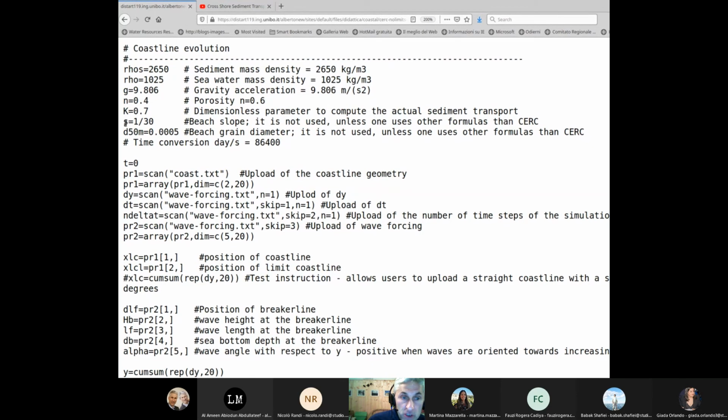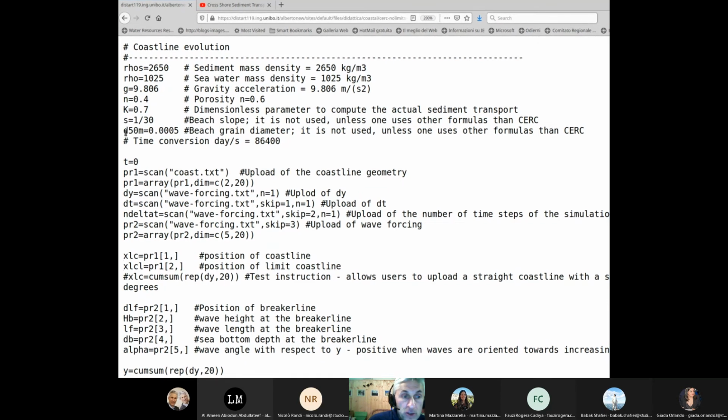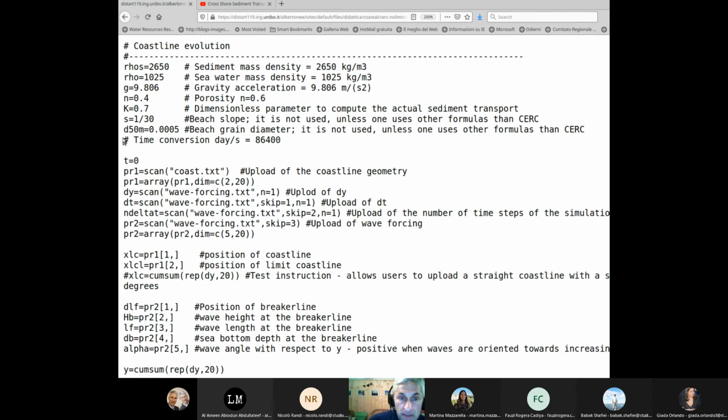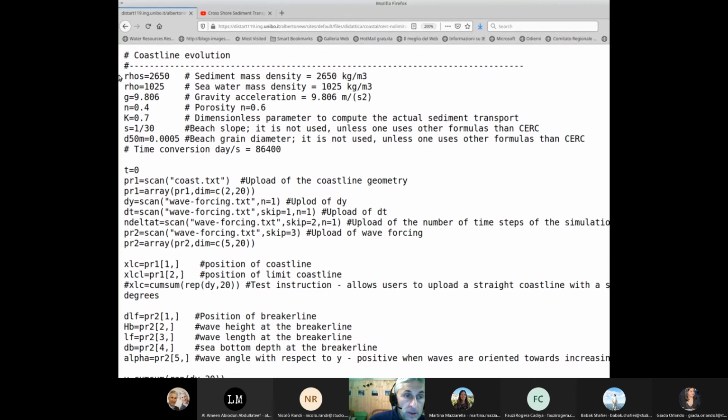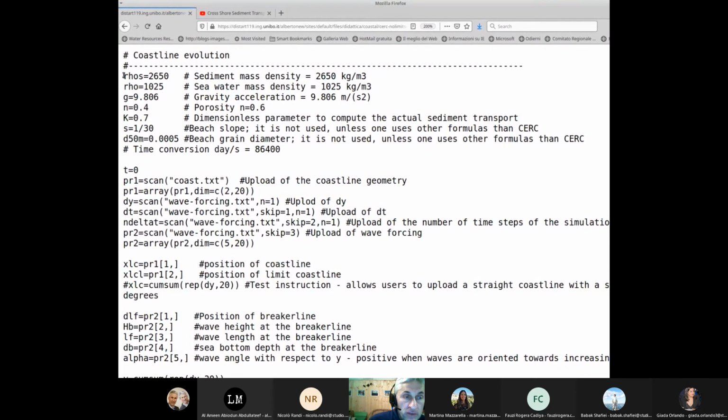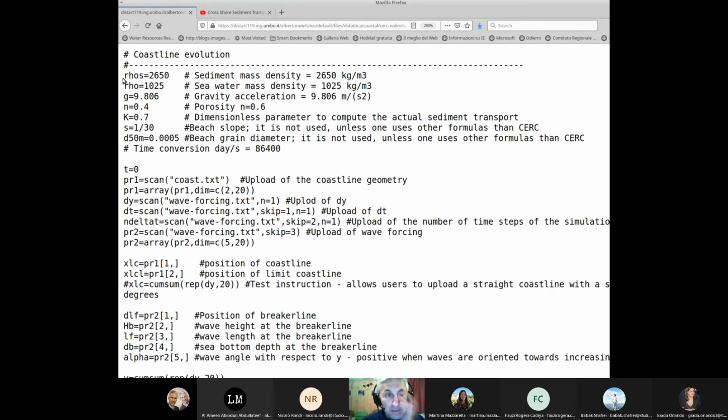And then there is the definition of the beach slope. And you see the comment says it is not used unless one uses other formulas. Okay, and then there is the definition of the D50, which is the beach grain diameter. It is not used.